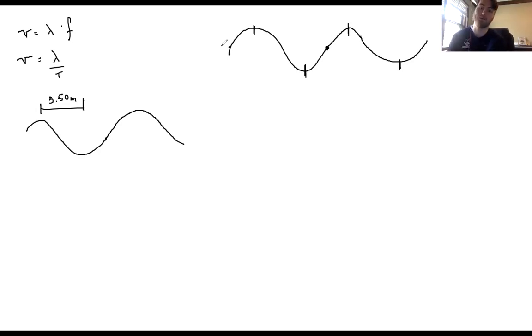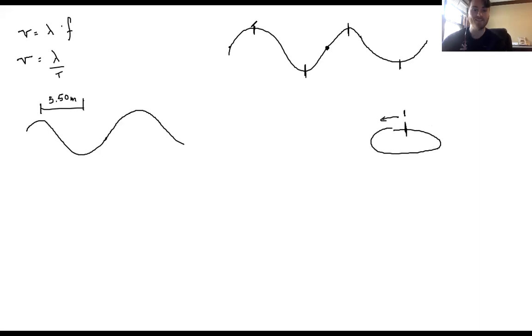Think of it like a lap on a track. Let's see if I can draw a track. Okay, not bad. If you start here and start running in that direction, you only get one lap whenever you hit back in the exact same spot. It's the same thing with a wave.